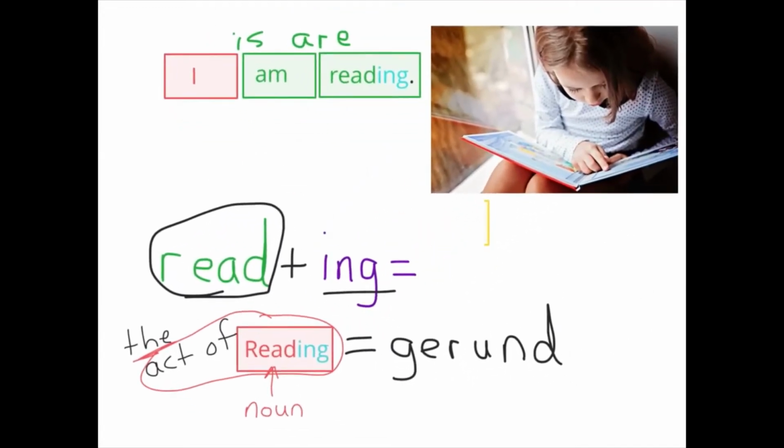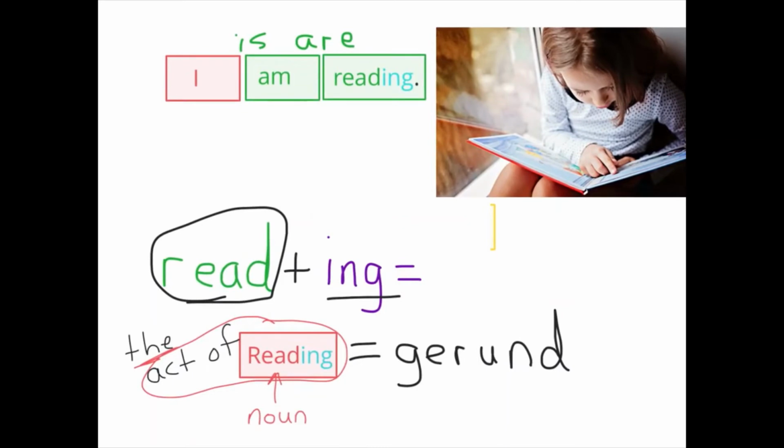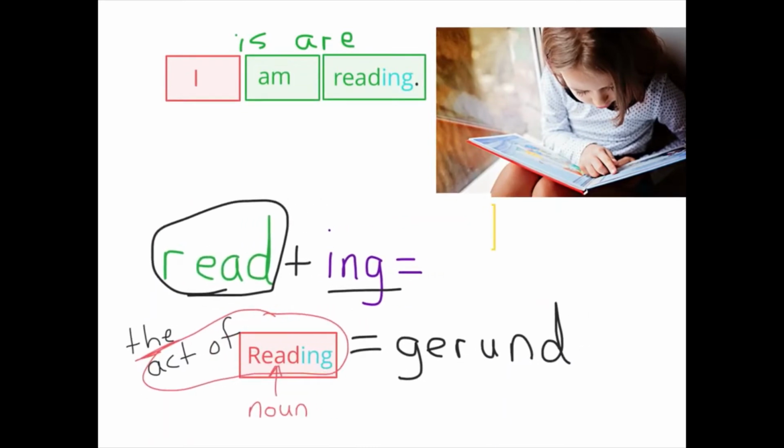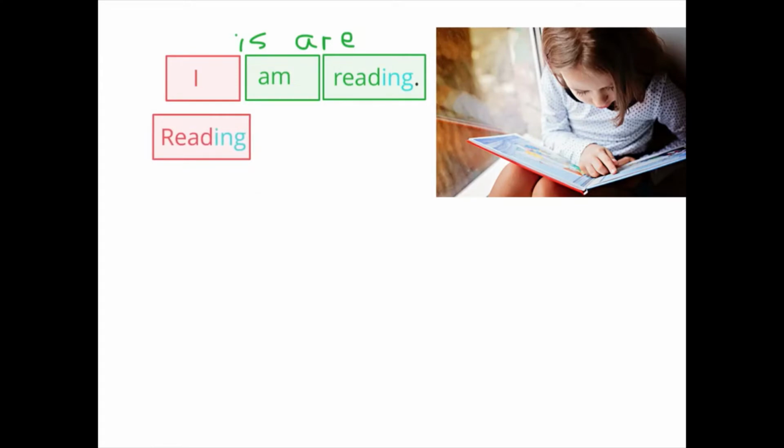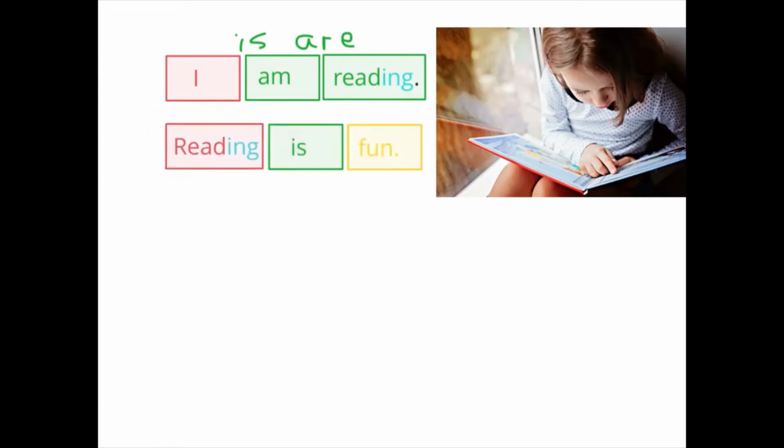So what we can do is we can take, now I need to get rid of my writing, and then I can bring this up here to be the subject of my sentence, and I can say reading is fun.